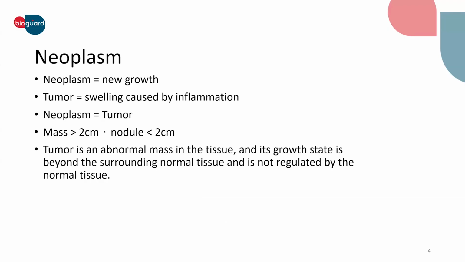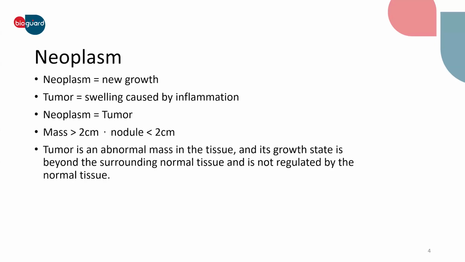The term tumor originally meant any kind of swelling, especially caused by inflammation. But these days, we often use tumor and neoplasm to mean the same thing. A tumor is basically an abnormal lump of tissue that grows faster than the surrounding normal tissue. And the key point is it keeps growing even after the original trigger is gone.